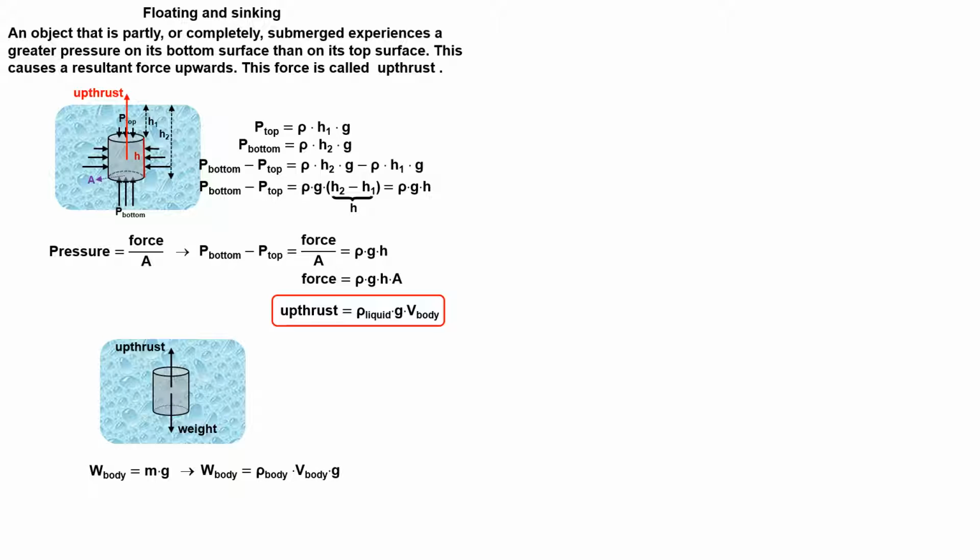You can see that the difference between upthrust and weight is the density. To upthrust, we use the density of the liquid, and to weight, we use the density of the body. When solid objects are placed in liquid, they will float or sink depending on the density of the solid material compared with the density of liquid.